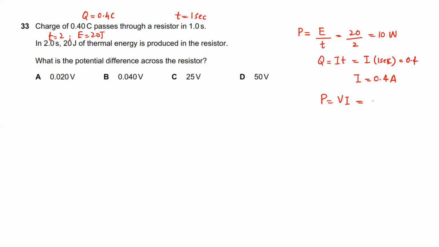So we have the current, 0.4 times V equals power, which is 10 watts. So our value of voltage becomes 10 divided by 0.4, which is 25 volts. Okay, so this is how you solve this question.